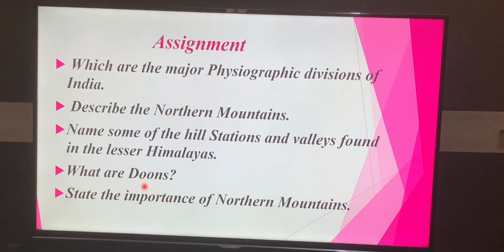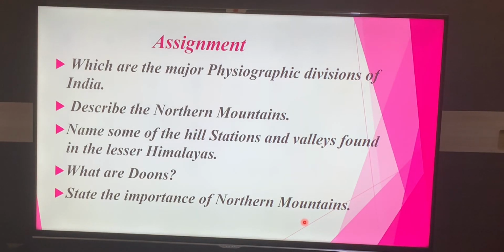State the importance of Northern Mountain. You will write the first point in this regarding natural frontier acts. They prevent foreign invasion. They prevent cold wind blowing from Central Asia. Second point, the obstruct rain-bearing wind. Third point, regarding a slope where you have a thick forest and which are ideal for plantation crop, and give an example here regarding tea.